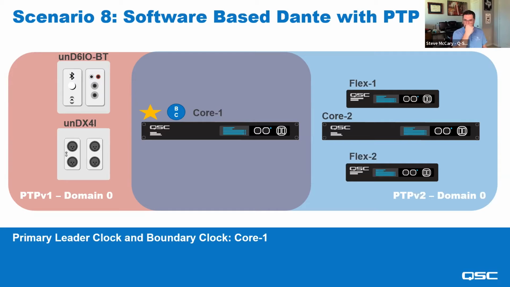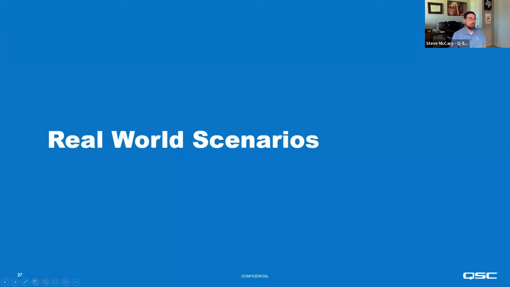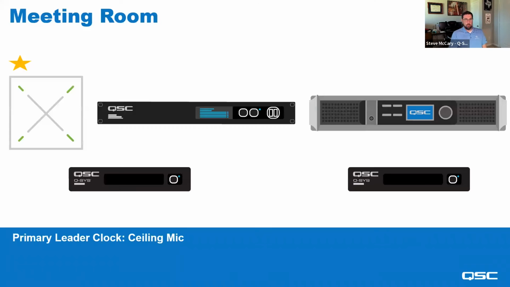And we're back. Okay, so let us go through some real world scenarios. Here we go. We have a Sennheiser TCC2. This is a Dante device. We have a core.